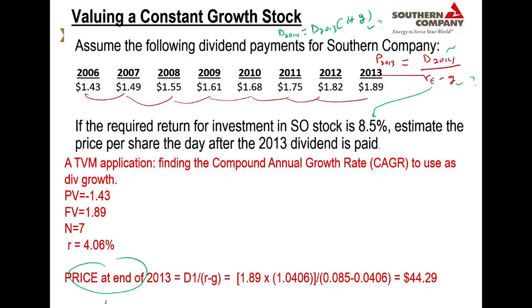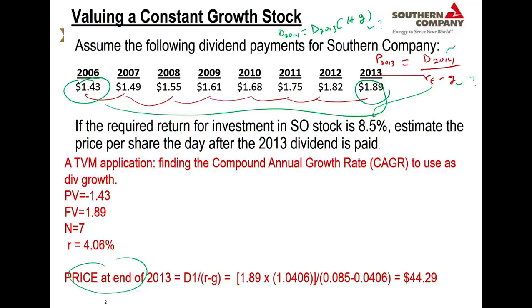In other words, what single growth rate can I apply to each year such that I would still go from $1.43 to $1.89, but with a single constant growth rate? What is the representative annual growth rate in dividends that, if it grows at that same number every year, will replicate exactly what happened to this company?